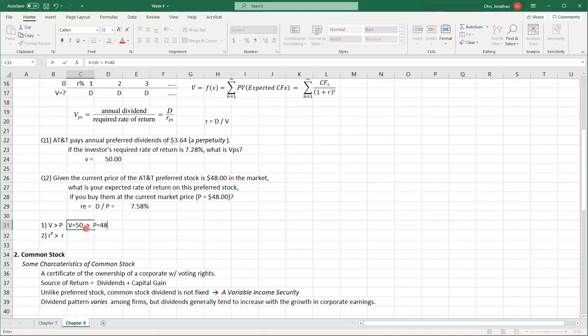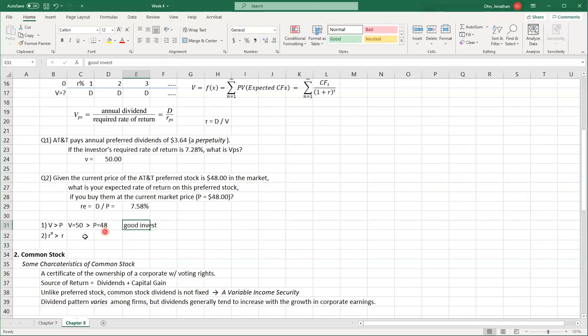We compared the intrinsic value and the current market price. The market price is less than its theoretical intrinsic value, so it is underpriced. That's why we say this is attractive, a good investment. That's one way to say it.